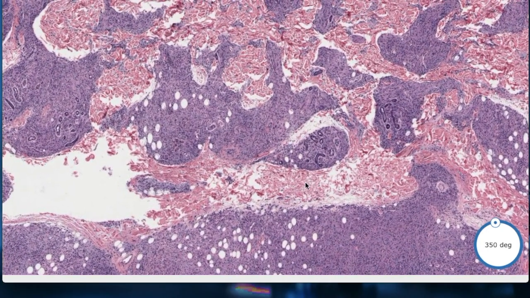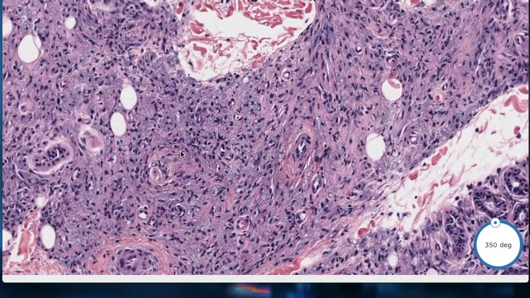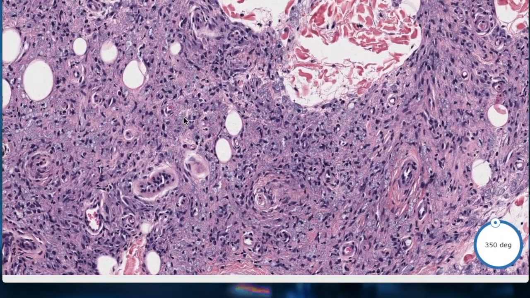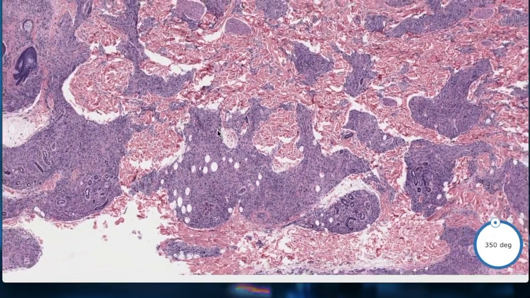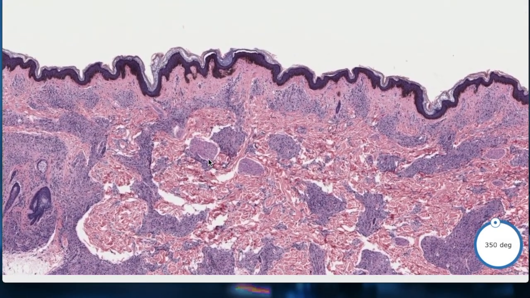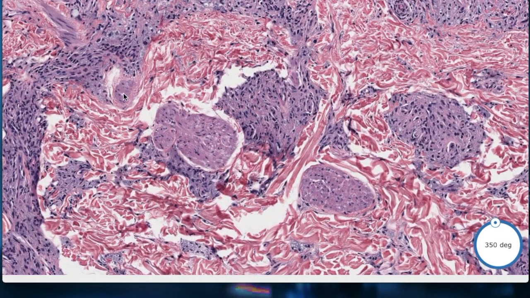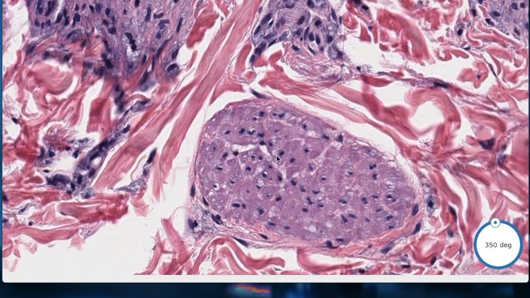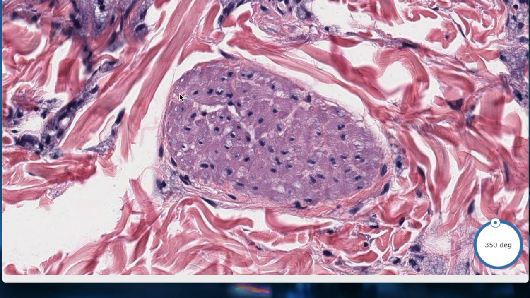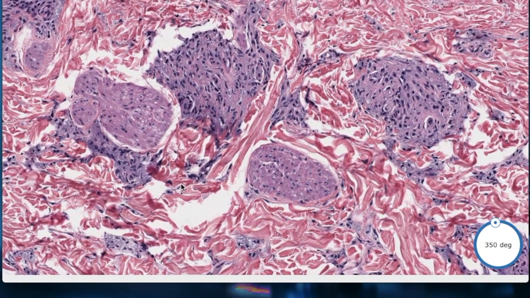So if we go on high power, they are involving the adnexal unit. We try to go on high power to identify those granulomas. So you see all these structures are nerve structures. This is cut kind of perpendicular on the nerve, and you see all these nuclei of the nerve structure, and you see all these granulomas surrounding the nerves.